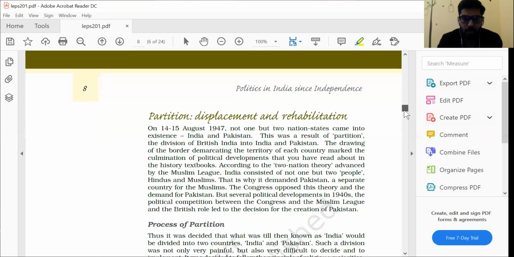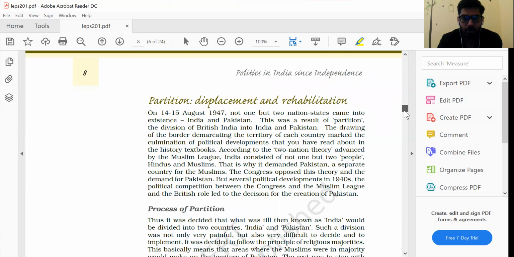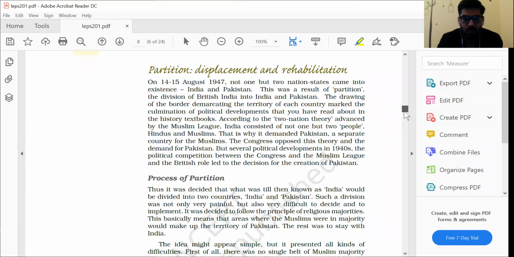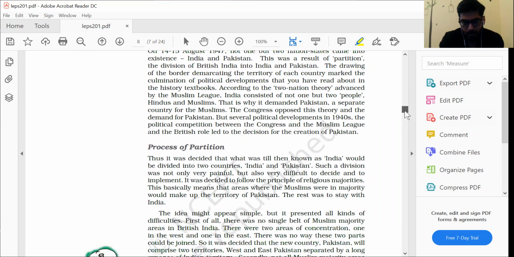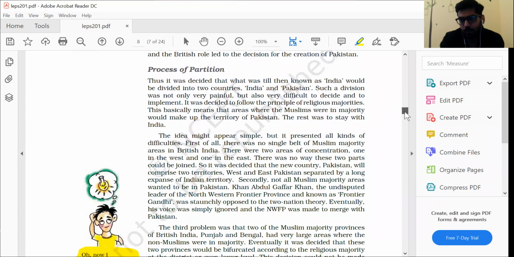And partition has happened. The two nations came into being, India and Pakistan, and the British have actually perpetuated and built upon these theories of divide and rule. So finally, the division happened, and that was a very tragic division. Tragic in terms of the loss of lives and property, which was too much for anyone to bear.